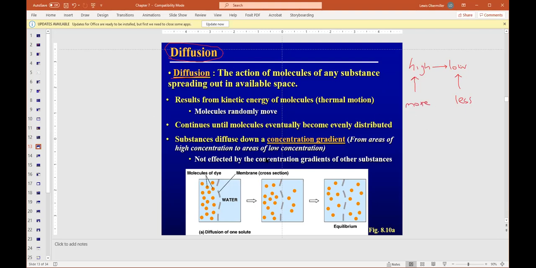Let's say you had a glass of water and you put a drop of food coloring in it. Let's say blue food coloring. Or maybe I should use orange because that's what the artist is using here. So we put a drop of orange food coloring in here, or blue, it doesn't matter.